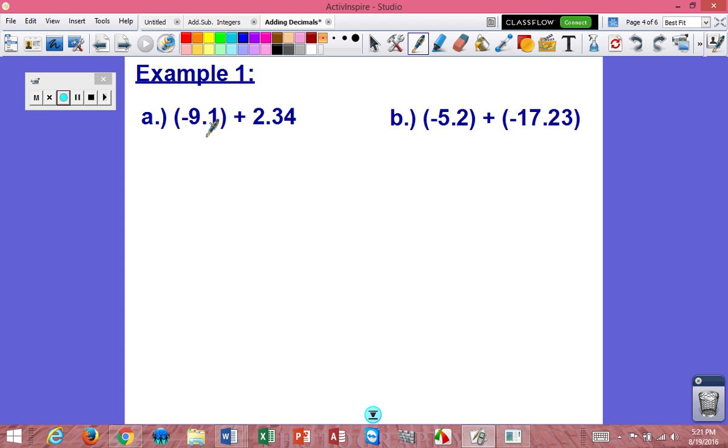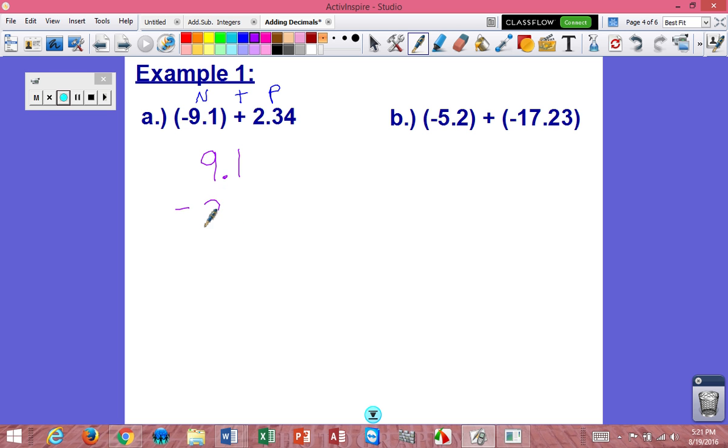Alright, in example 1, we have negative 9.1 plus a positive 2.34. Now, as we saw 2 slides ago, a negative plus a positive means we're going to do normal subtraction. So, if we were ignoring the signs here, we know that 9.1 would have to go first if we're subtracting.